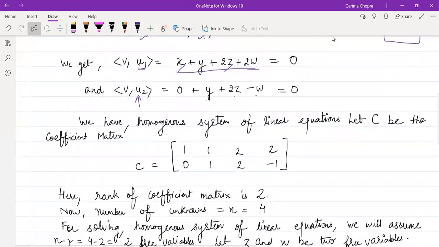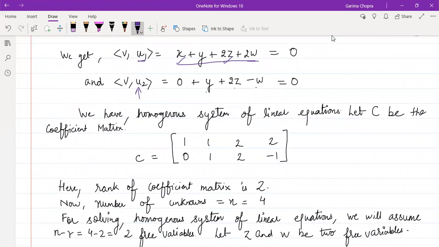Number of unknowns. Here the arbitrary vector v, which has this form, has 4 unknowns. These two equations are involving 4 unknowns, x, y, z, and w. So n is here 4 and r is here 2, rank is 2.